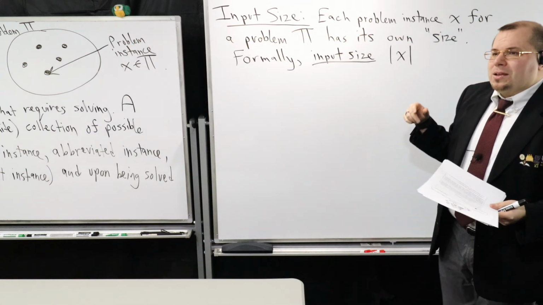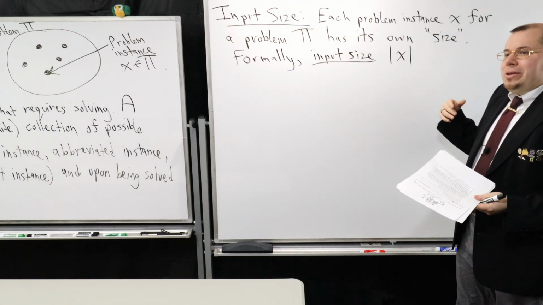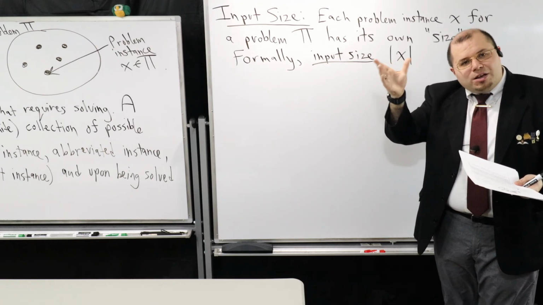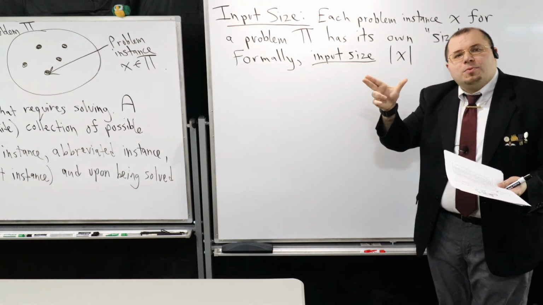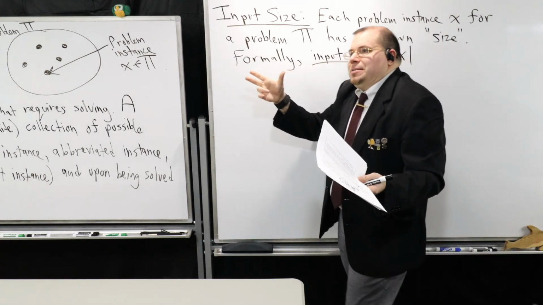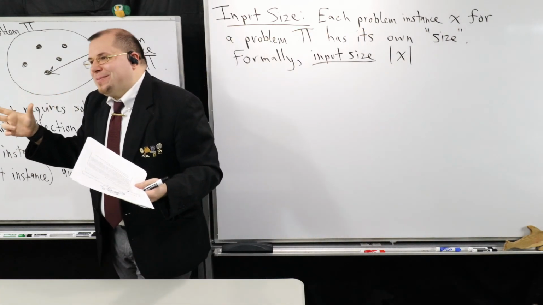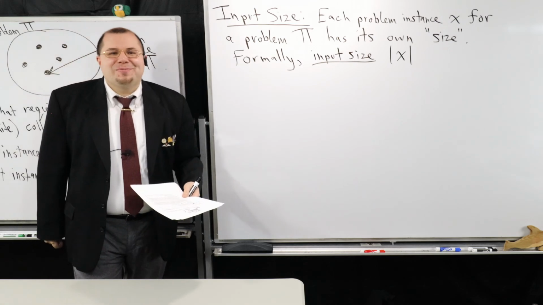Now, on a computer, we would encode that information, what the array is, as what? What would A actually be on a computer? Think of the most fundamental thing you can think of.